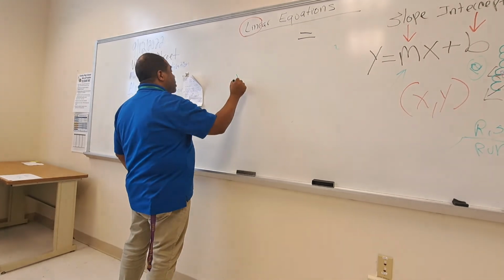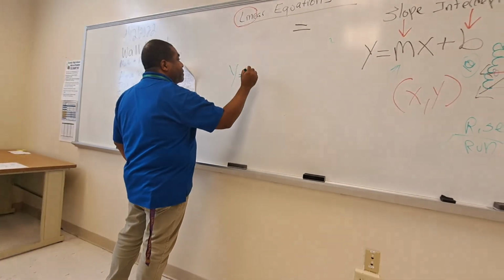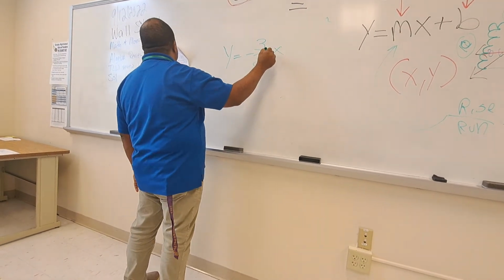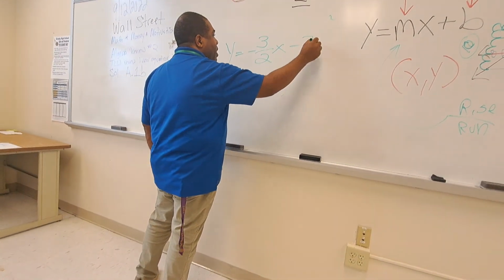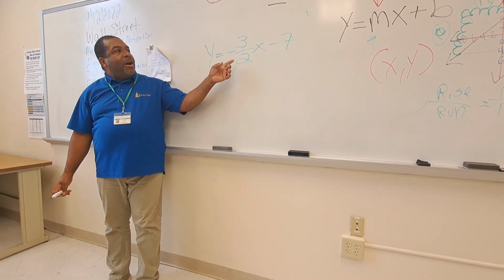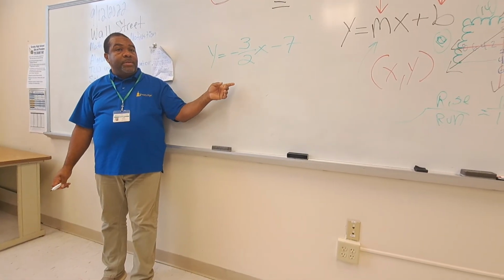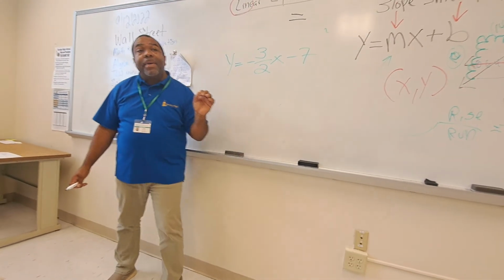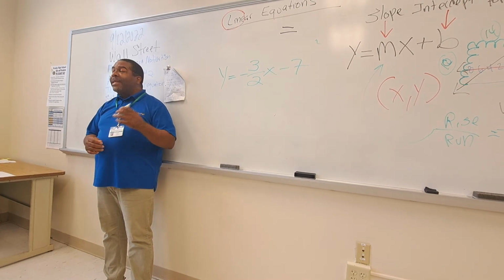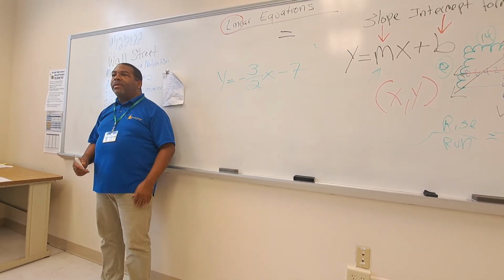Ashanti, you're gonna do this one. All right, so Ashanti, our slope is -3/2. Is it a positive slope or a negative slope? It's negative because there's a negative sign in front of it.